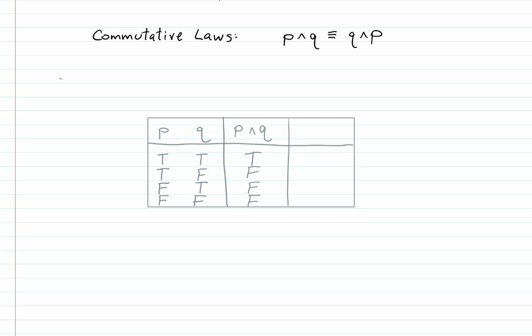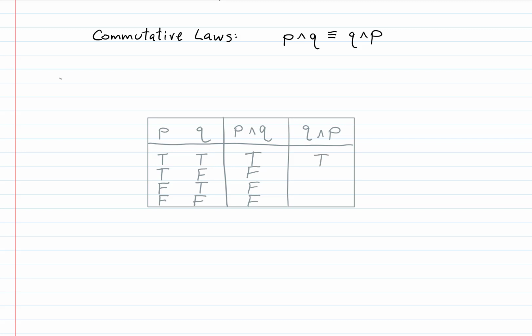Now let's do the conjunction of Q and P. So again, a conjunction is true if and only if both components are true. So in this case, Q is true, P is true, so the conjunction of Q and P is true.